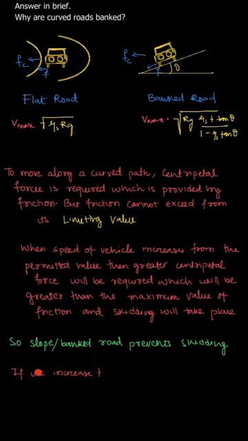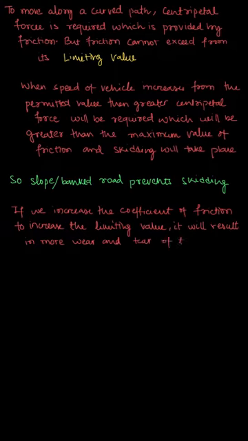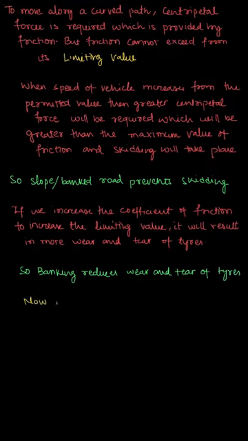Now if we look further, if we increase the velocity, we require a greater coefficient of friction. If we are providing greater force of friction, we need a greater coefficient of friction, and that results in more wear and tear on the tire, because the force of friction is the contact force between the road and the tire.